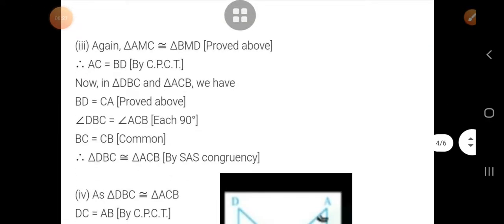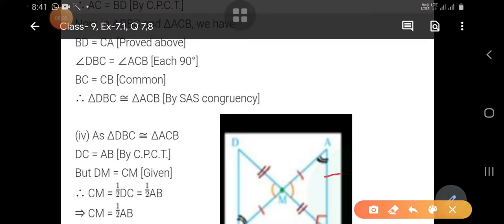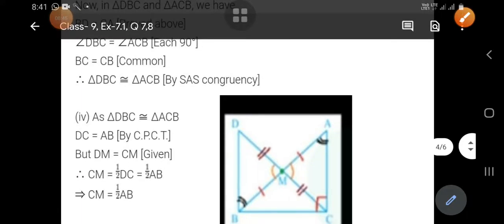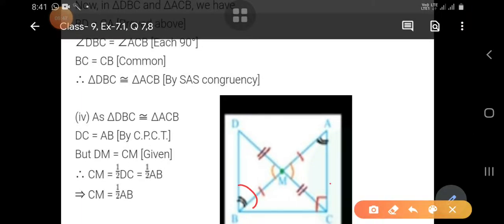That is the third. As triangle AMC is congruent with triangle BMD, we can say AC is equal to BD. Just see here, AC is equal to BD, and in these triangles we have already proved these two angles are 90 degrees, and BC is common.